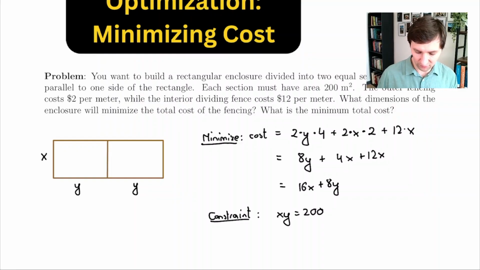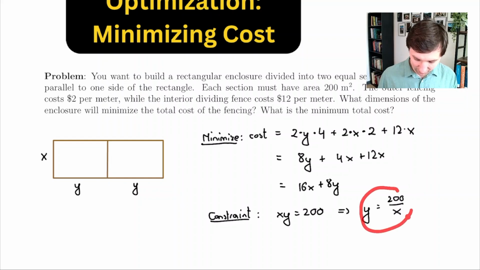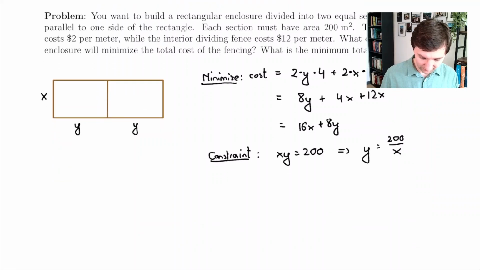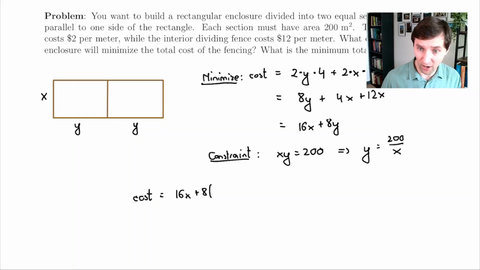I will use this constraint to rewrite my cost equation in terms of only one variable. Let me rewrite this so that I have y equals 200 divided by x, and I will take this y and plug it in to my equation for the cost. If I do that, I will get that the cost of my enclosure is 16x plus 8 times whatever y was, and y was 200 divided by x.